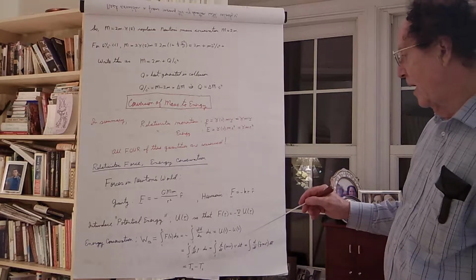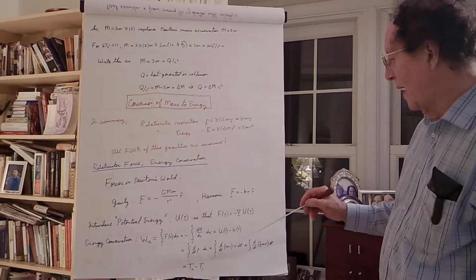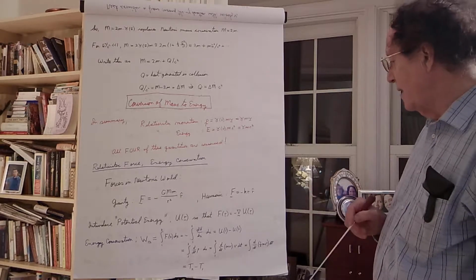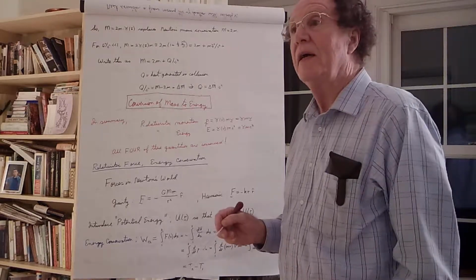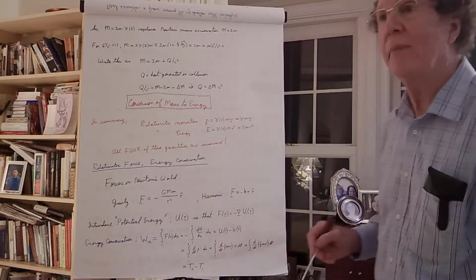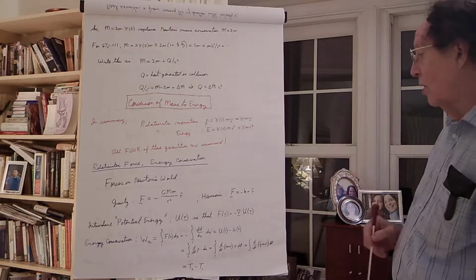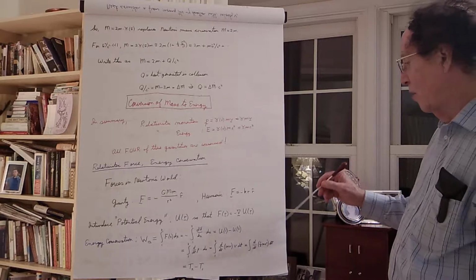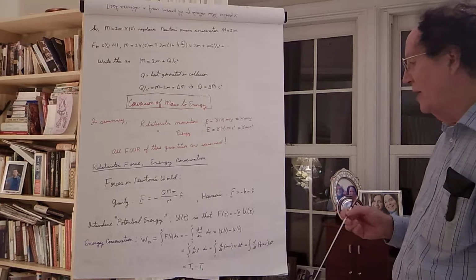And I see a time derivative of mv. Well, m is a constant, I can pull that out. Time derivative of v times v. Then I see the time derivative of v times v is just 1/2 the time derivative of v squared, so I can write that as a total time derivative. It's the total time derivative of 1/2 mv squared. That's the kinetic energy.